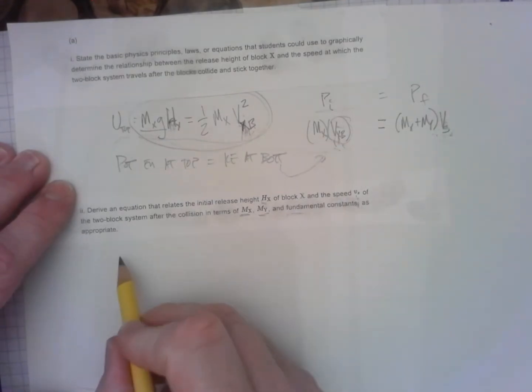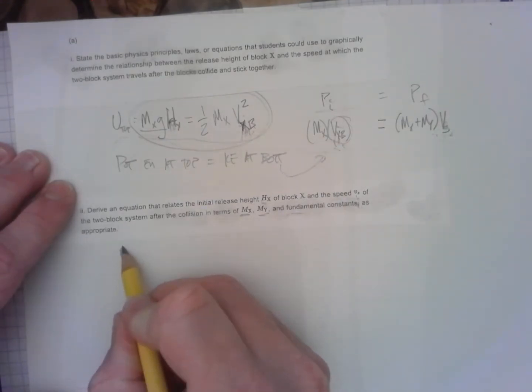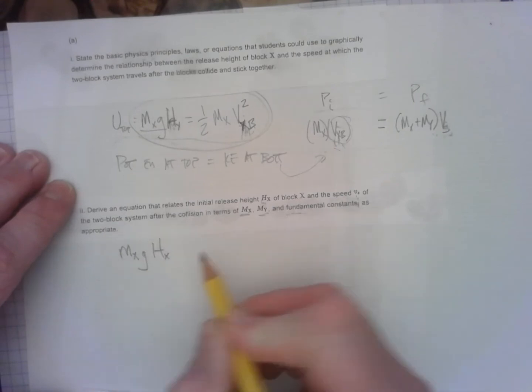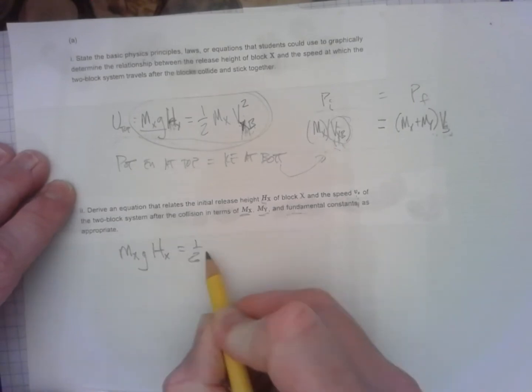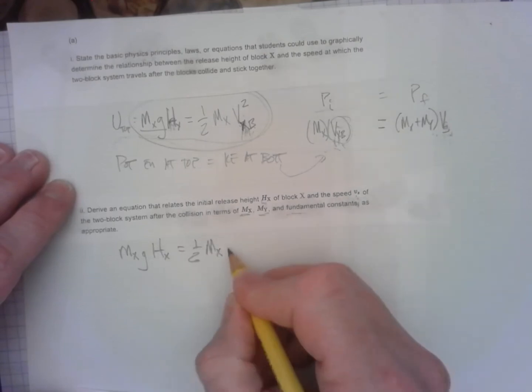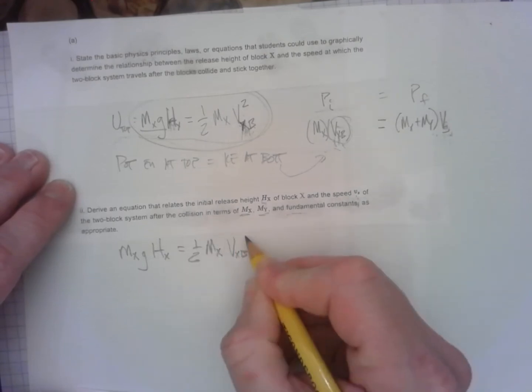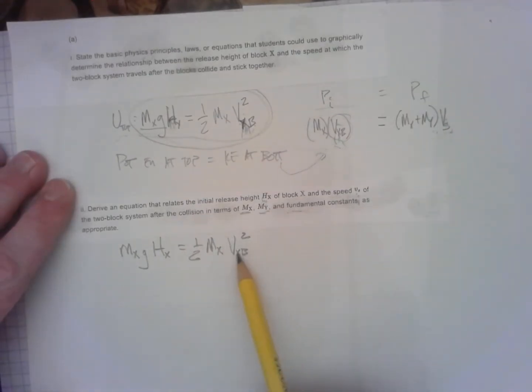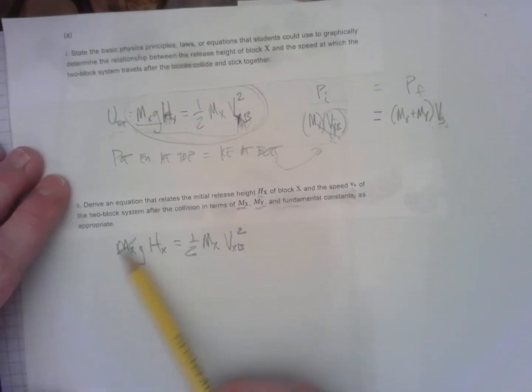So let's try that. We're going to take m_x times g times this initial height equals 1/2 m_x times the velocity of x before the collision squared. So this is kind of like an in-between variable. We're actually going to eliminate it. The good news is the m's go away. So if I'm solving for this, I'm going to multiply by 2.